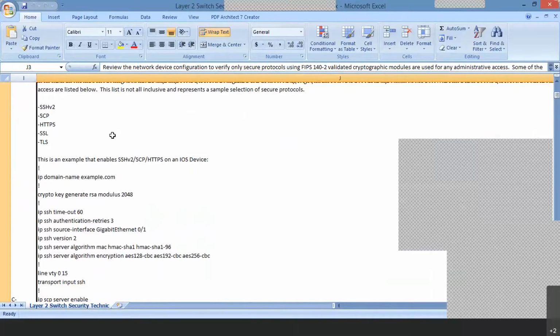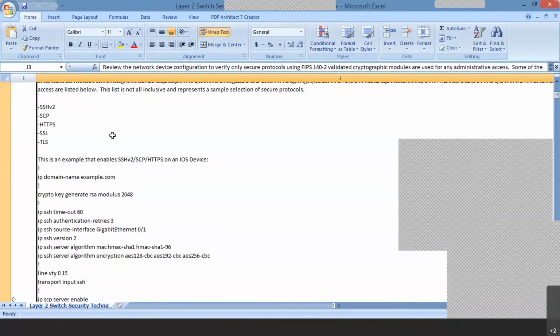Then the source interface: which interface you are using, and which protocol you are using, whether SSH protocol 1 or SSH protocol 2. In my case, I'm using SSH version 2. And what is the algorithm I'm using? I'm using the SHA algorithm, with 96 for the MAC, and AES for the 128 bit.